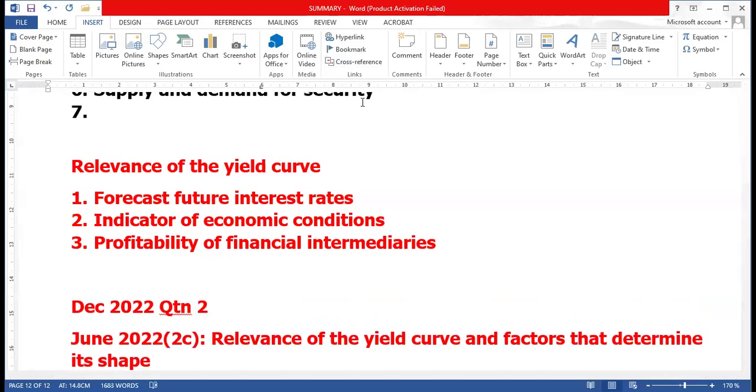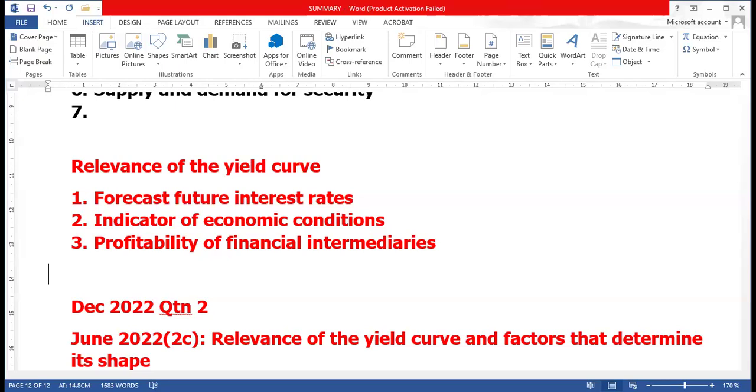Remember, banks typically operate by borrowing short-term funds and lending long term, like loans and mortgages. So when the yield curve has a strong upward slope, the difference between the short-term borrowing rates and the long-term lending rates is high. I don't know whether it makes sense.